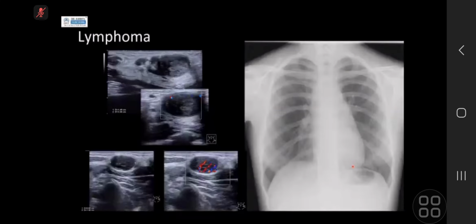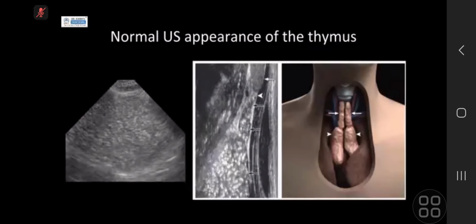The other thing I said about lymphoma is that it can also be in the anterior mediastinum. That's one of the more common locations. Sometimes you see on a chest X-ray an anterior mediastinal mass, especially in a younger child. You don't know if this is a reactive thymus, a reactive hyperplasia because they were ill, or within normal limits, or something abnormal.